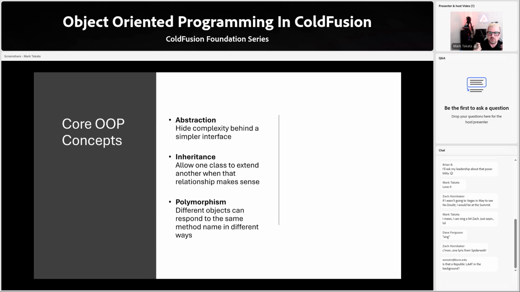And then polymorphism. Polymorphism has a bunch of different names and concepts related to it, but really underlying it is that different objects can respond to the same method name in different ways. So you could have, let's say, a process order object, and that process order object would act slightly differently based on whether the payment type is a credit card or some other way of payment, coming from different places, right?